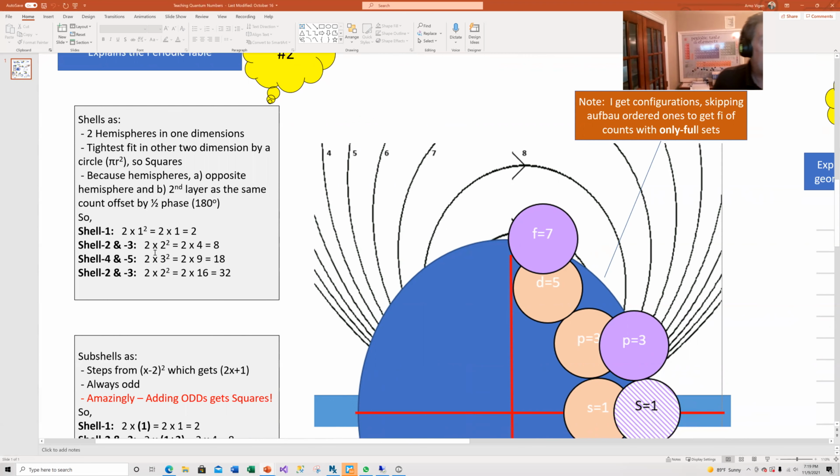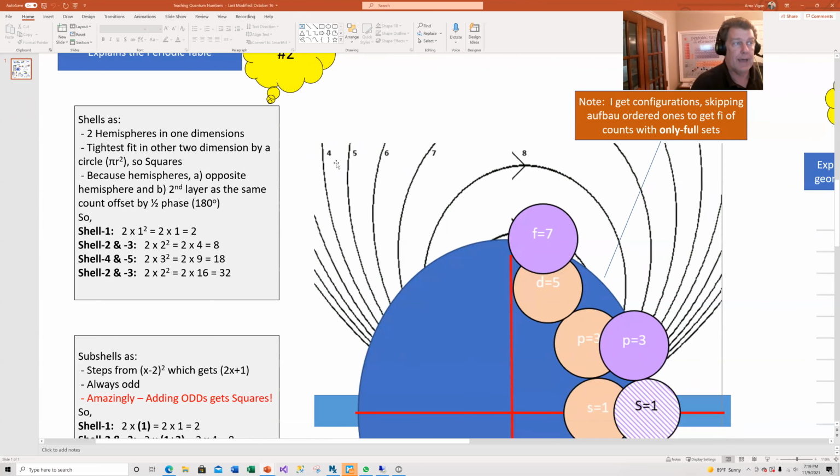That means that if you take another level and you rotate it half a phase so that the north does the south and the south does the north, then you can fit another layer in at the same count. That's why there's 2 and then 3, both at the same count, because if this one's top, and say this one is bottom, then the next layer will reverse, and it can fit in there before you go to a bigger count.